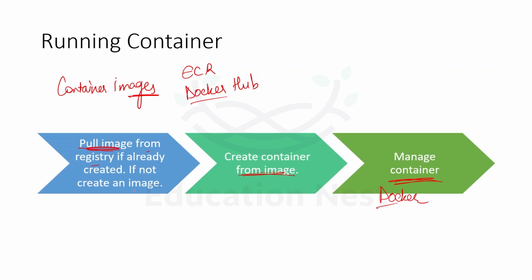We understood that an image has everything, from application code to dependencies to configuration details. All these things are mentioned in the Dockerfile as instructions. So it is essentially a script that describes the steps necessary to create the container image. So that's one thing that I wanted to add while running the containers.